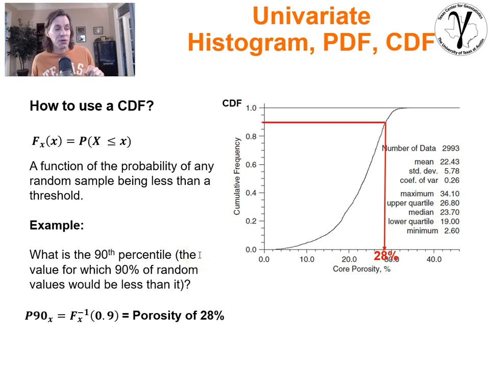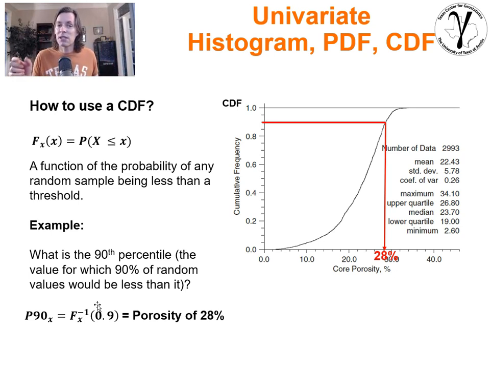Finally, we can go backwards. So if we take the cumulative distribution function represented by capital F of x, which for us is porosity right here, and we do the inverse of it, we're not going this direction, we're in fact going this direction. And so with the CDF, we can look up directly any cumulative probability we want to work with. So we could calculate the P90. Many companies will use P90 as being the value for which you have 90% probability of even a lower value.